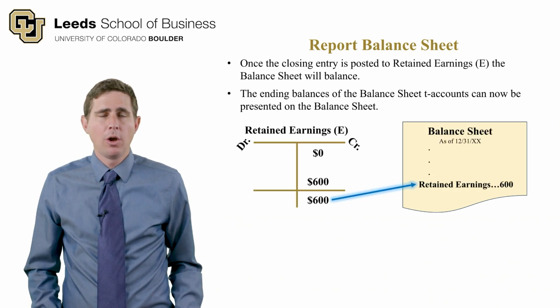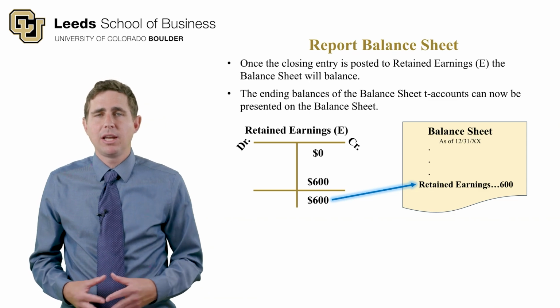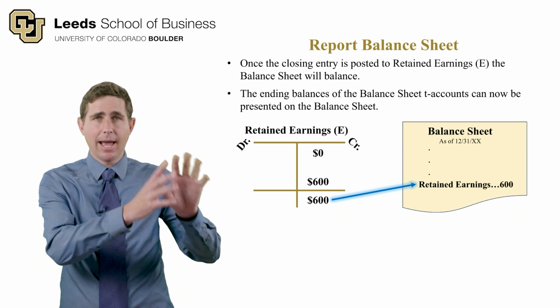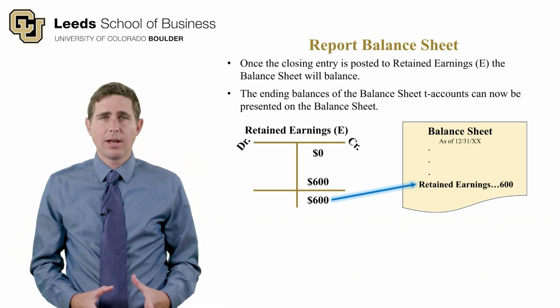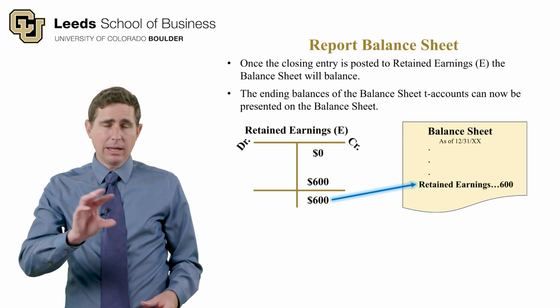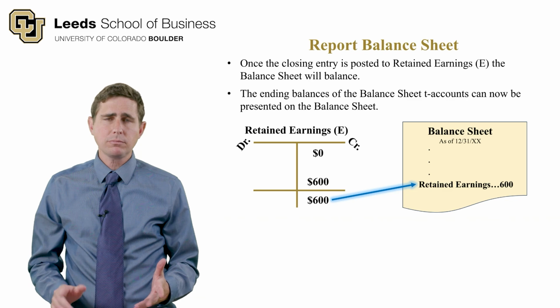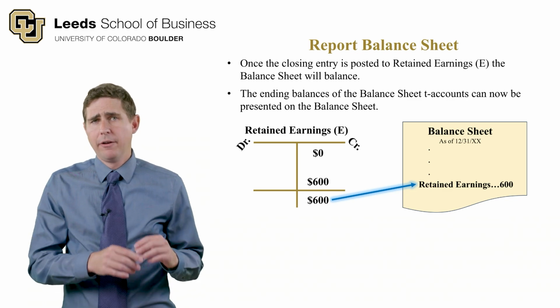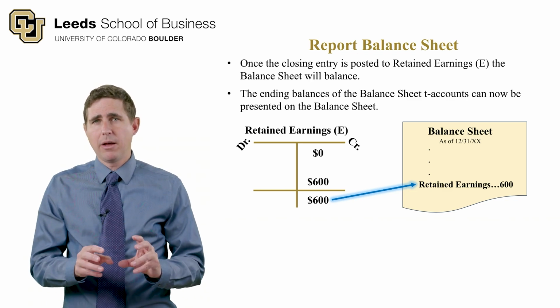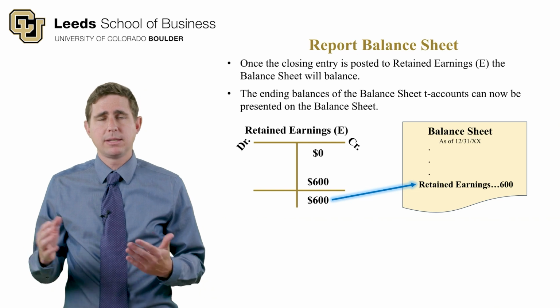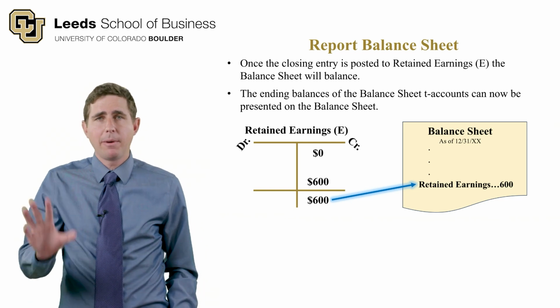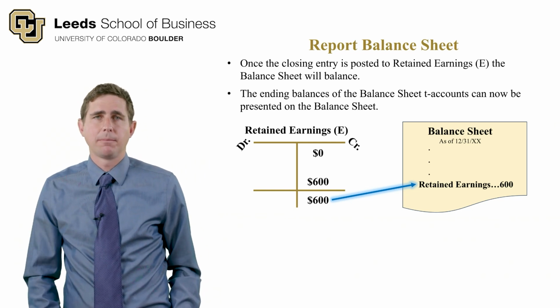For example, one of my balance sheet T accounts is retained earnings, among others, right? I've got asset accounts, liability accounts, equity accounts. I can just take the ending balance of all those accounts and place them on the balance sheet where they go. For the retained earnings account, I take the ending balance and I just put it on the balance sheet. It's as simple as that. And once I've put all my accounts on the balance sheet, I'll be done with it.